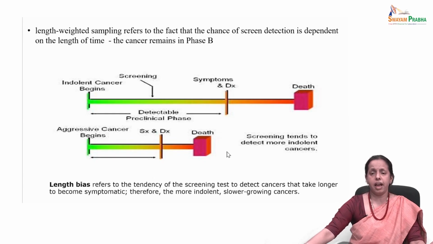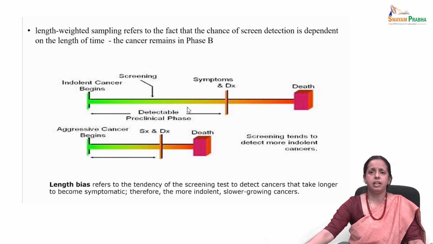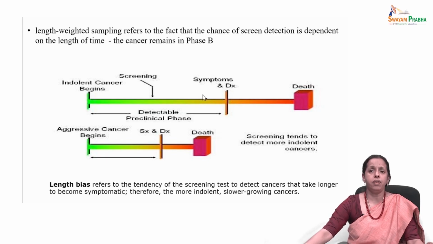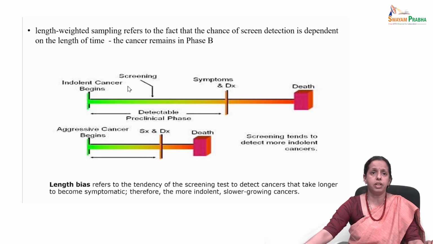Not all cancers have the same behavior. Some are very aggressive while some grow more slowly. Those that grow slowly are easy to detect because they have a longer symptomatic period, during which many screening technologies can detect them. Thus, the screening test detects more slow growing cancers.